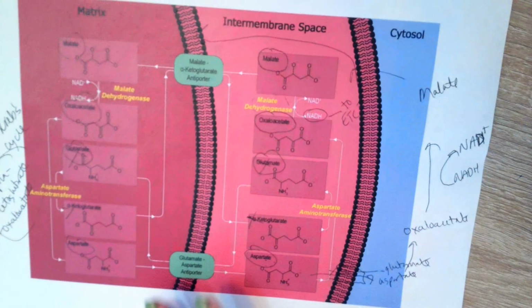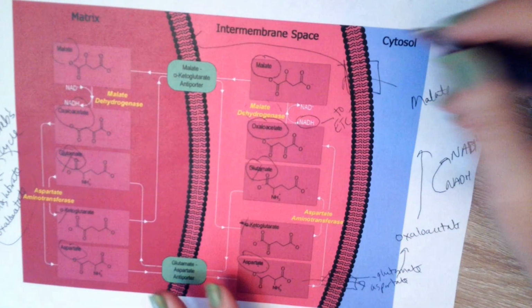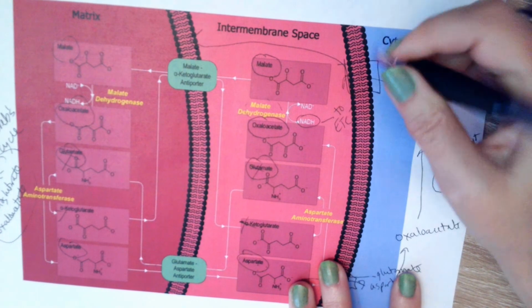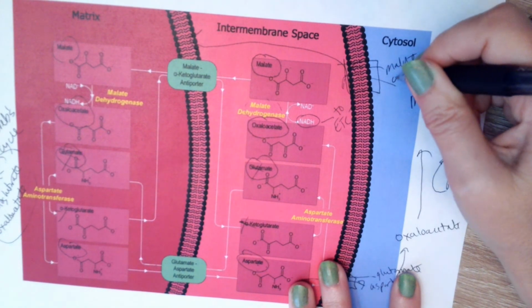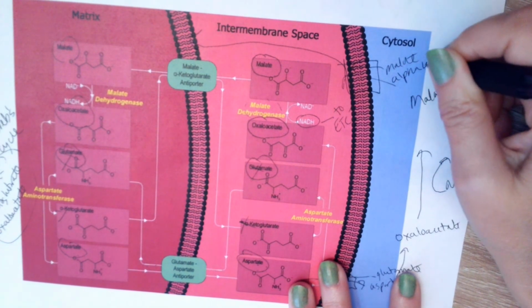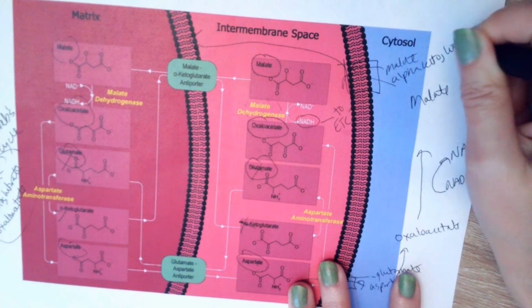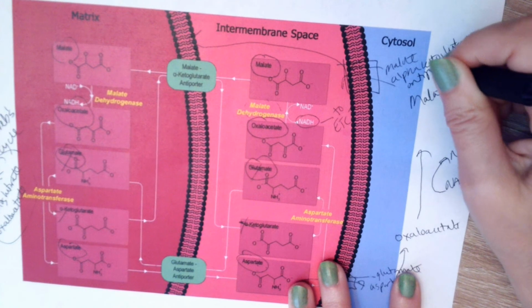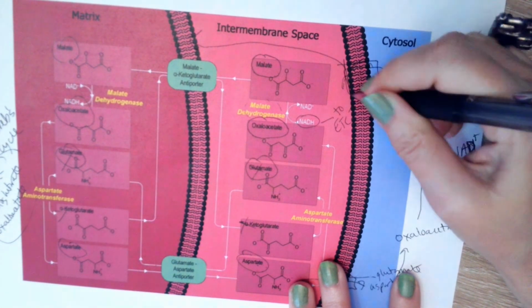Out here on the outer mitochondrial membrane, we had malate moving in and alpha-ketoglutarate moving out. So that's the antiporter there. So we have that out here on the outer membrane.